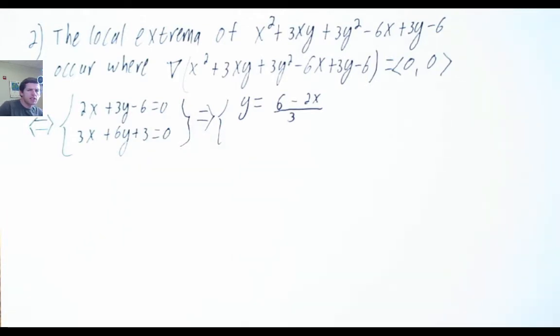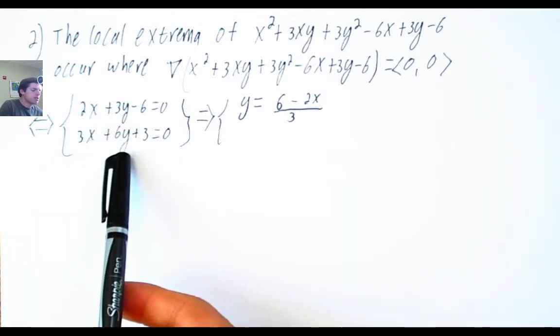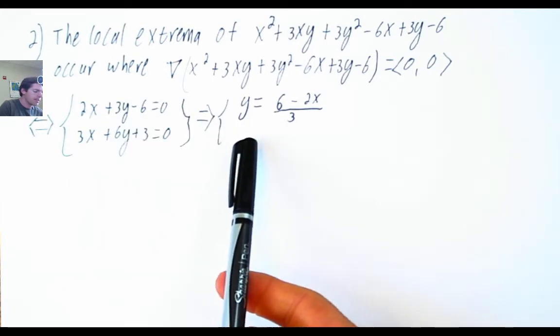And last time I did what some might call a fairly slick procedure of doing arithmetic between equations, and I'm going to go back to something you might have learned earlier than that. It's a little bit clumsier, but I'm going to call it a brute force method. So I'm going to take these two equations. The first one I'm going to rearrange to isolate y and get y all by itself.